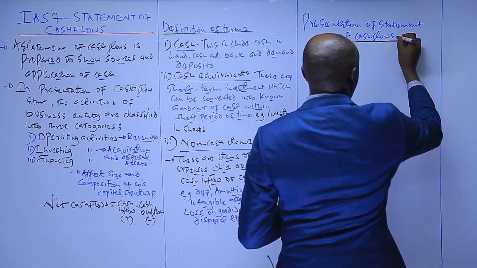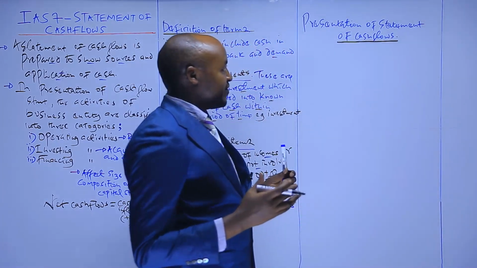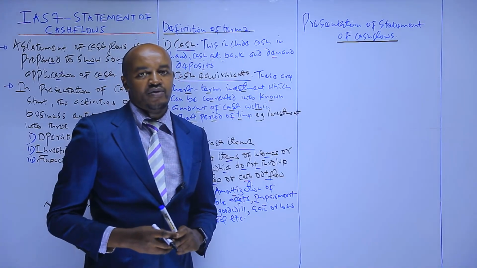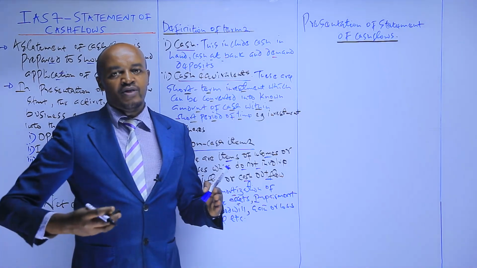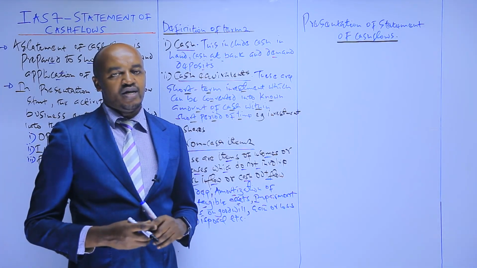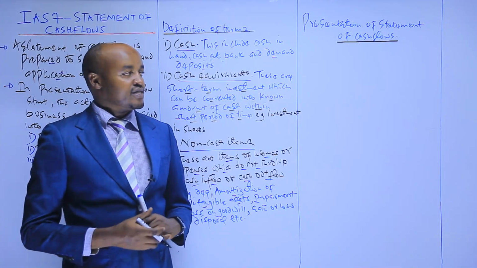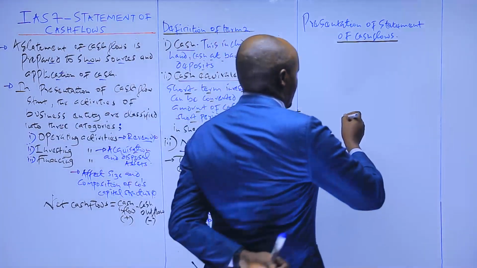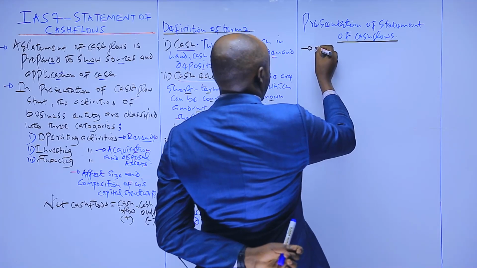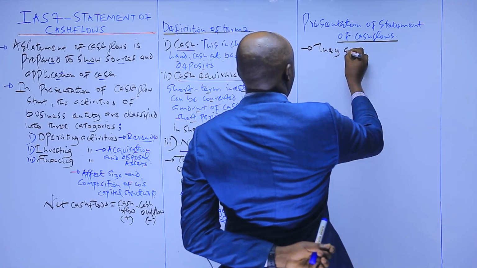How is a statement of cash flows prepared? I mentioned earlier that we have two methods used in presenting the statement of cash flows: the direct and indirect method.